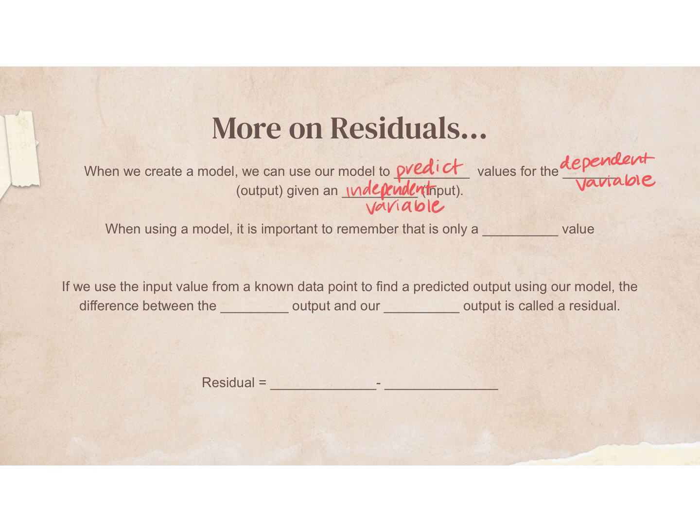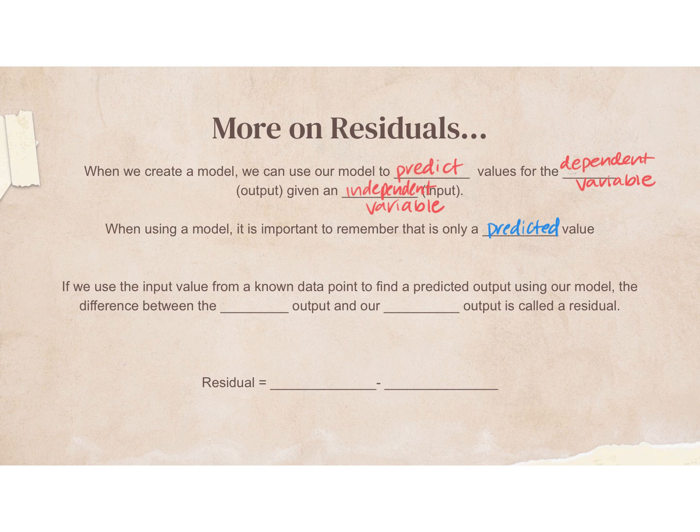So we're predicting outputs given a certain input. It's important to remember that this is just a prediction. It's not going to be 100% accurate. So when using a model, it's important to remember that this is only a predicted value. So our goal is to get close to the real value, but it's unlikely that we're going to be exactly spot on.